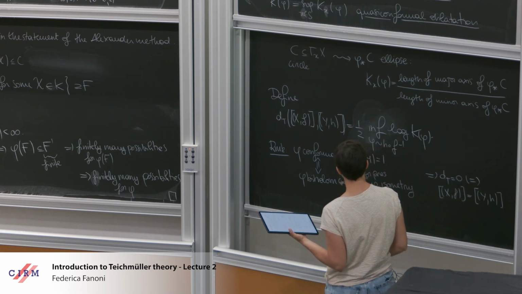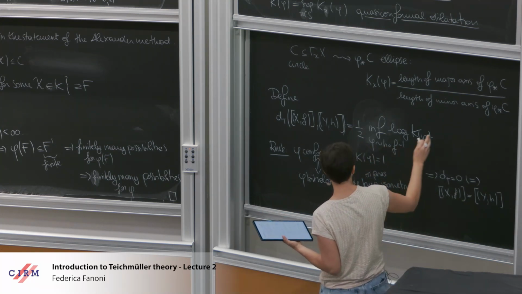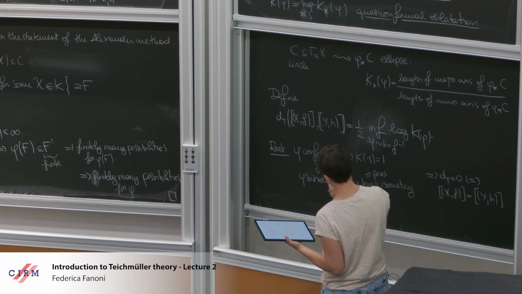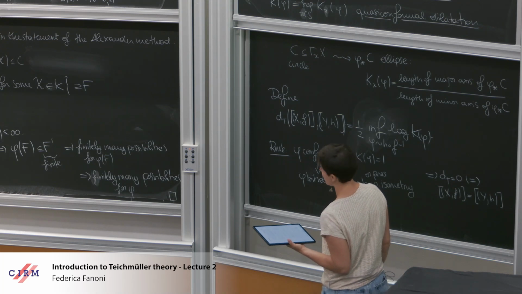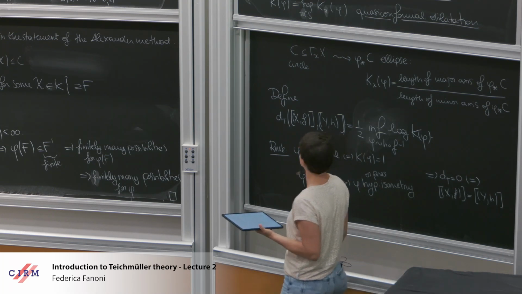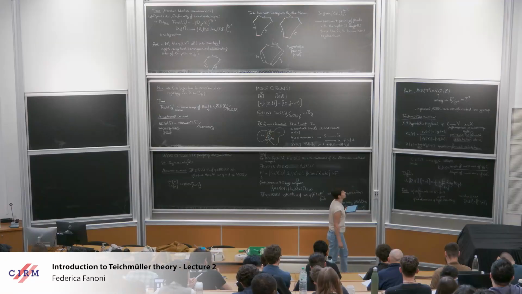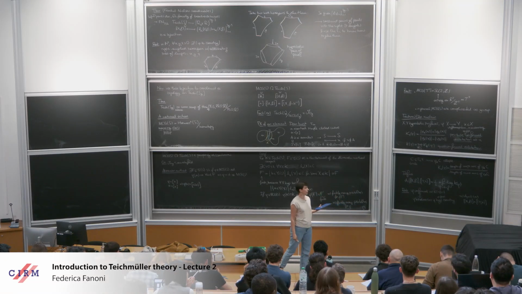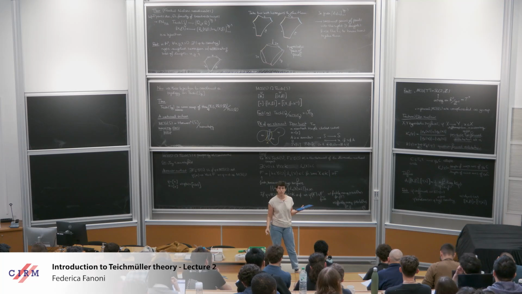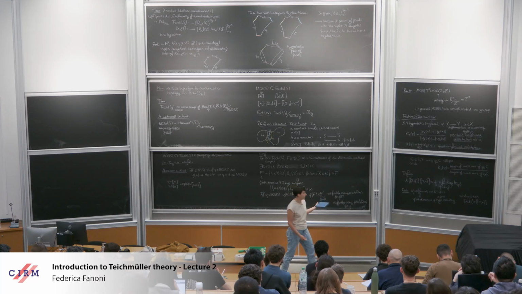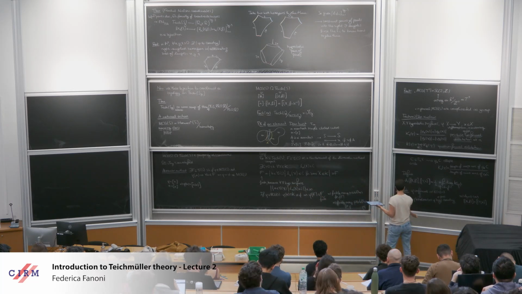And the other things one can check, that actually this is a distance, are easier to check. You just need to essentially check that if you compose quasi-conformal maps, you have a control on the quasi-conformal dilatation of the composition. Well, that's essentially the only thing you need to do.